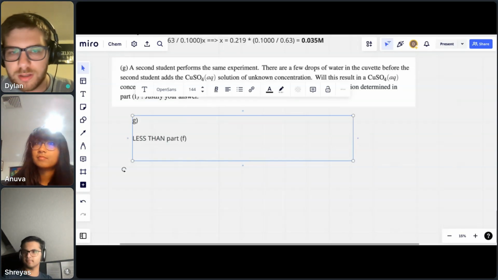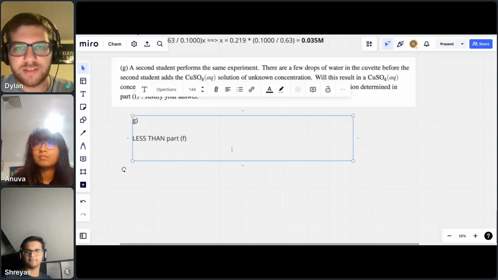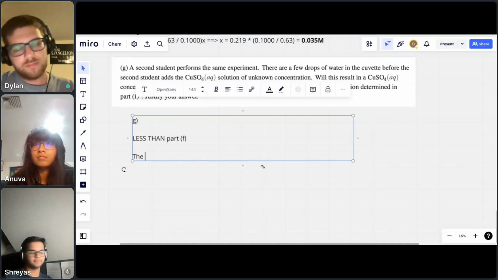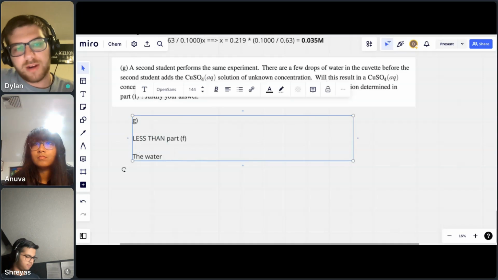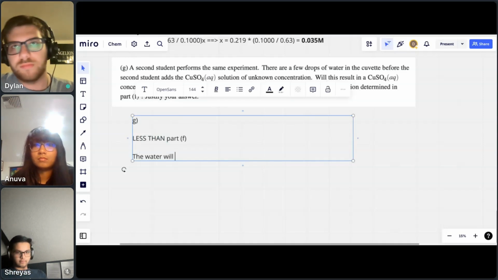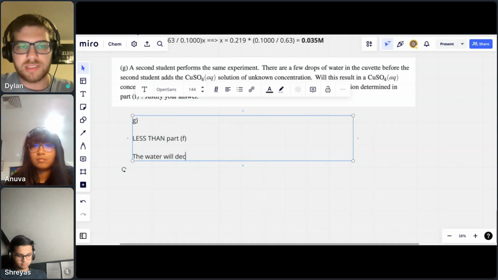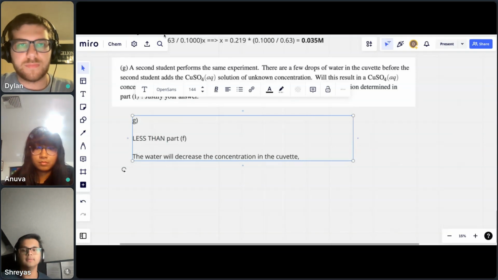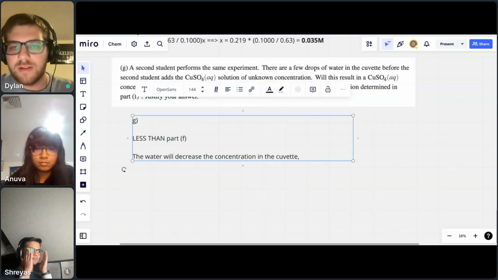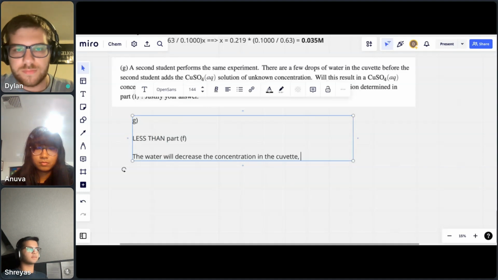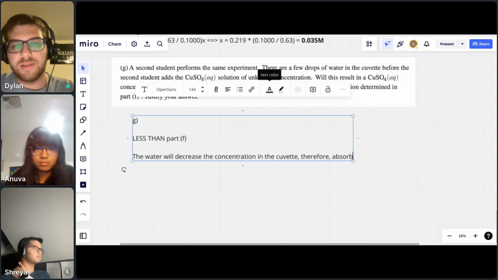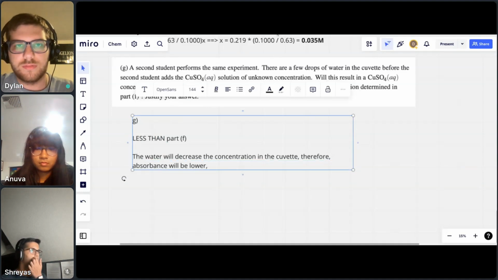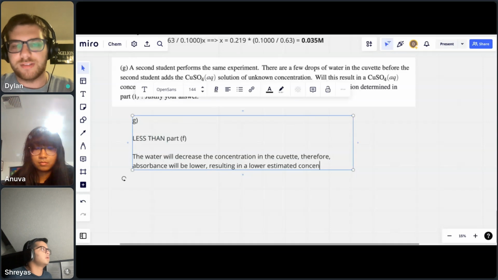Well, the additional water will decrease the concentration in the cuvette, right? That's just simple. A higher volume of water means a higher volume with the same moles. Molarity is different. So the water will decrease the concentration in the cuvette, right? Therefore, absorbance will be lower, resulting in a lower estimated concentration.